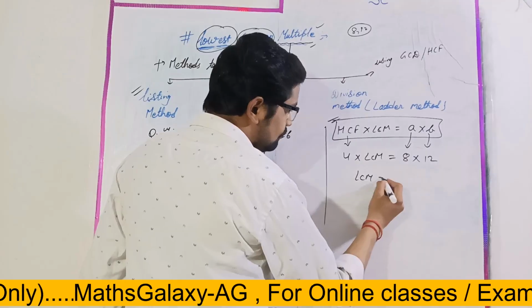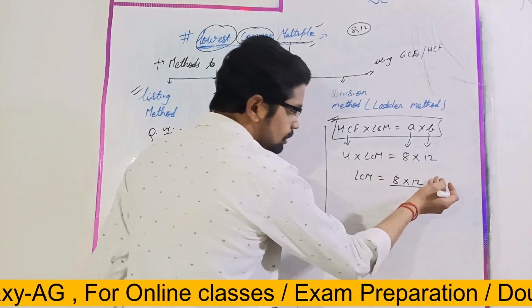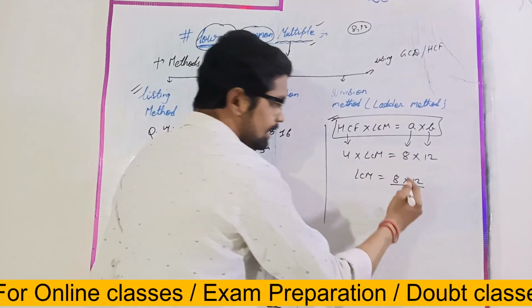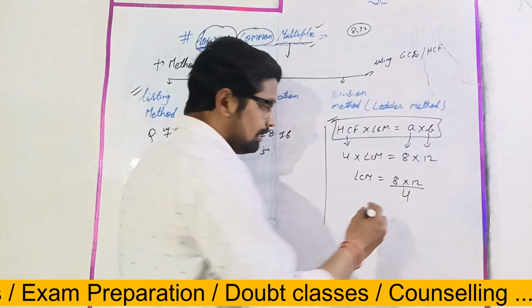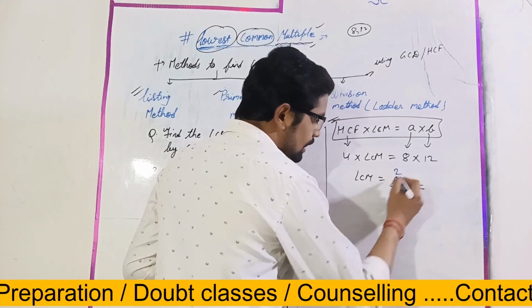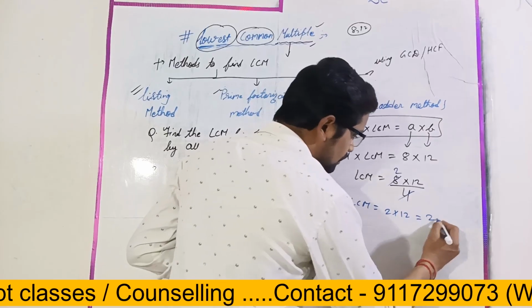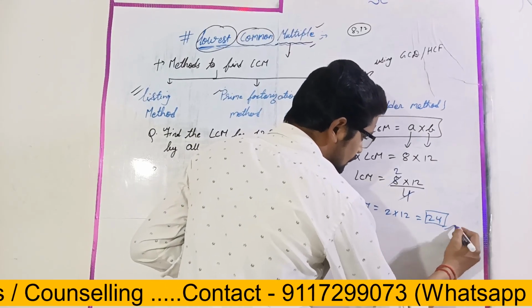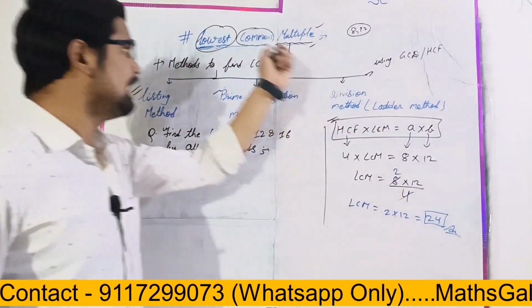So LCM will be 8 into 12, and this 4 will come in the denominator when it goes to the right hand side. See here, 4 2s are 8. So LCM equals 2 into 12, which is 24. Is it clear? This is also another method to find LCM.